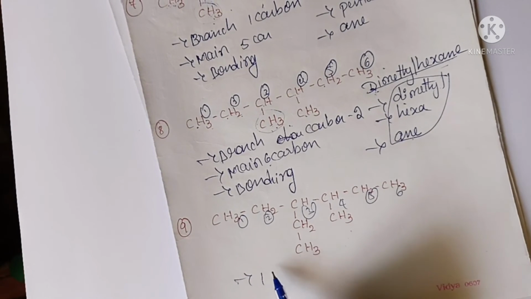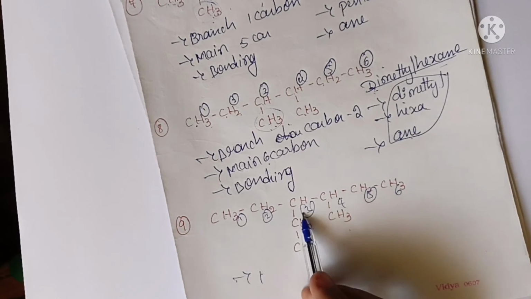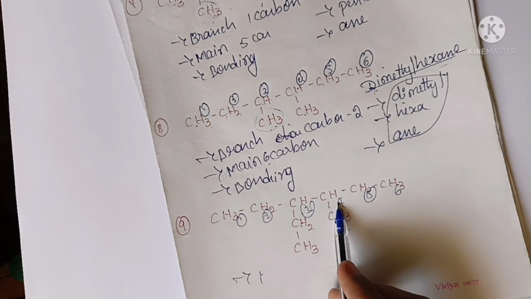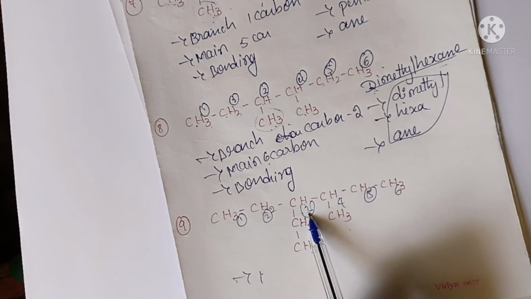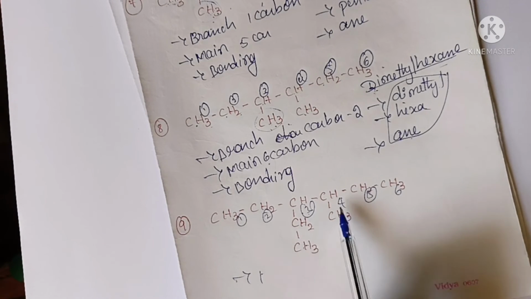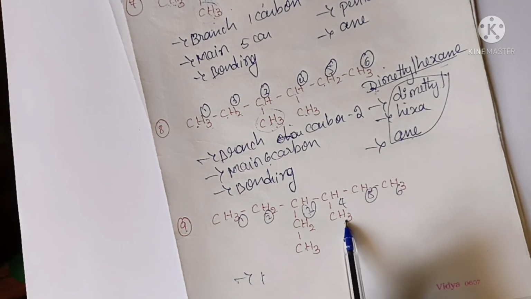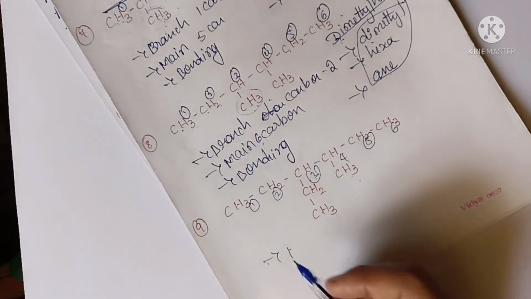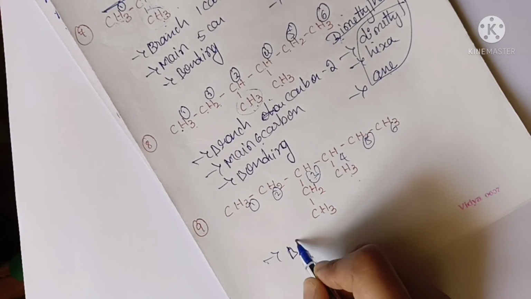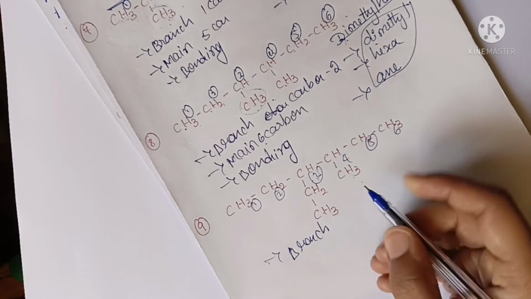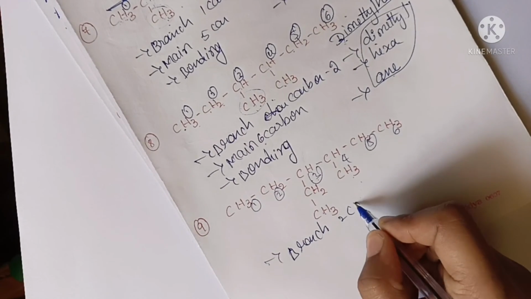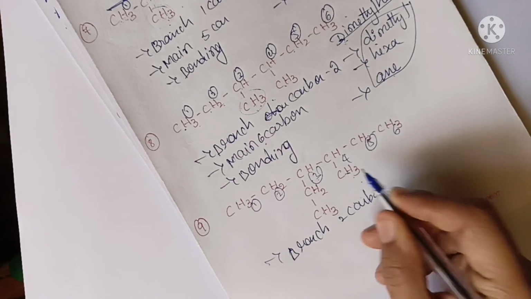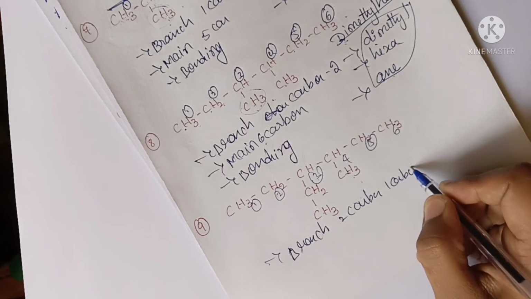So we call it 3, 4. In the third position we have two carbons, in the fourth only one. Here it is a little bit different: in one branch two carbons are there, and in the other one carbon.